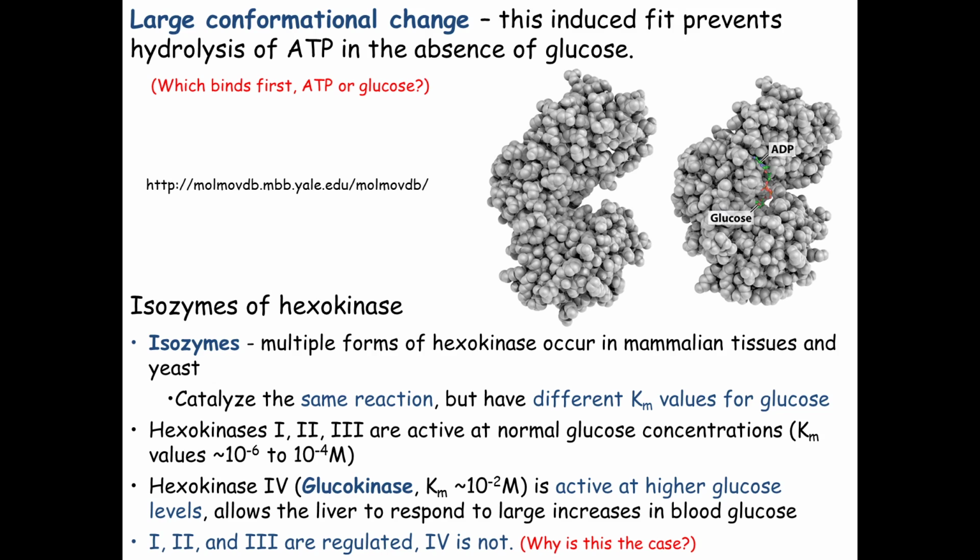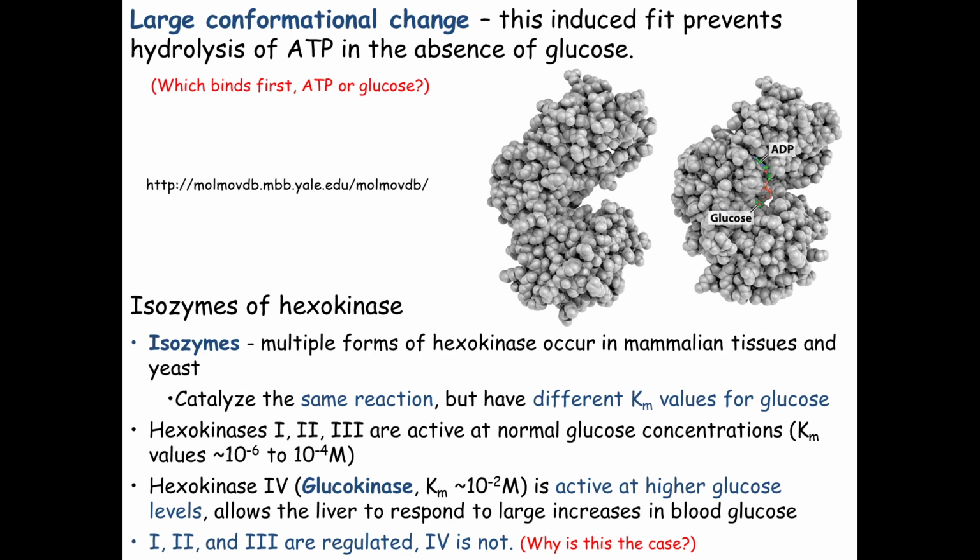The only time hexokinase 4, or glucokinase, has anything to do, right? It's just sitting around and it's so slow, it's so weak at holding on to its glucose that the other ones consume all the glucose and turn it into glucose 6-phosphate before this one completes even a few, right? It doesn't have time to do anything. Until all the others are overwhelmed by a huge bolus of glucose, right?